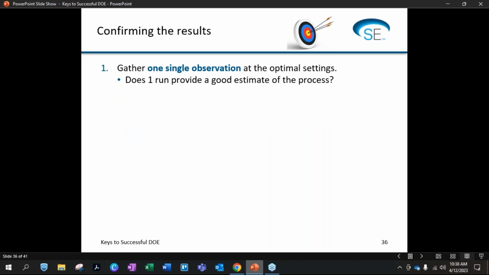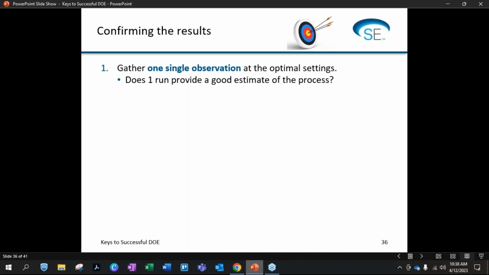So how are we going to do the confirmation of the results? Well, you can identify one particular spot, gather one single observation at the optimal settings, and just say, oh, does it work or not? Well, my question is, does one run provide a good estimate of the process?